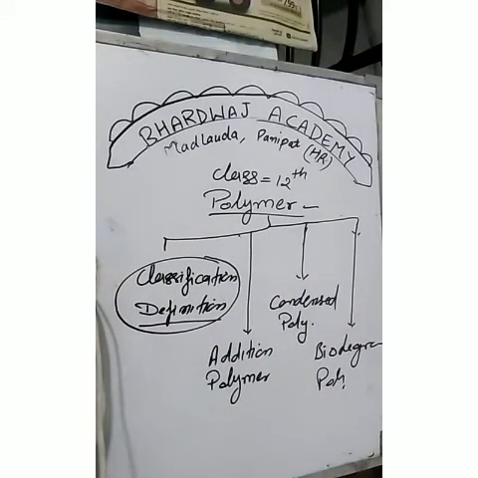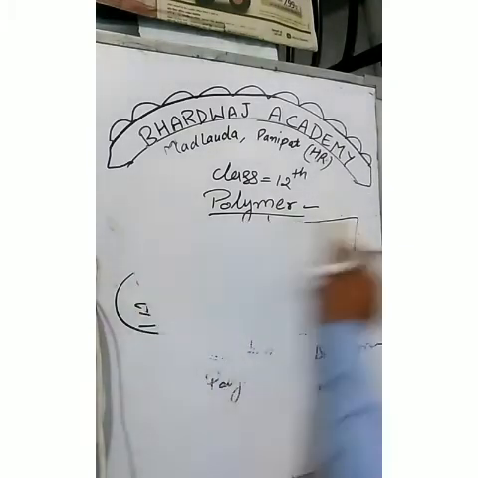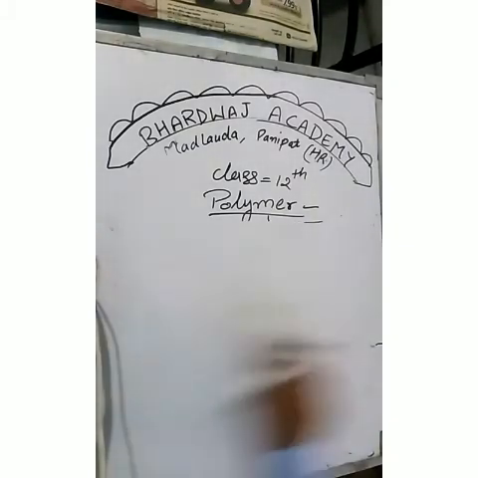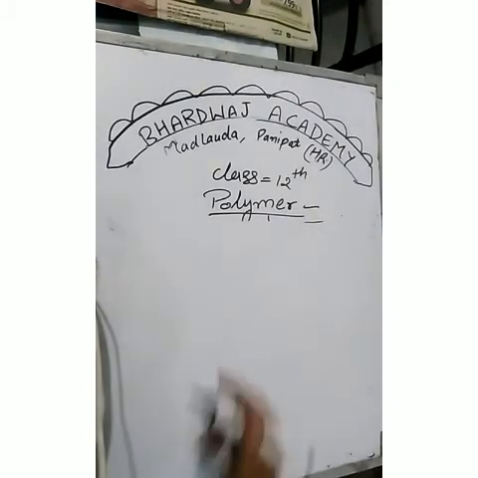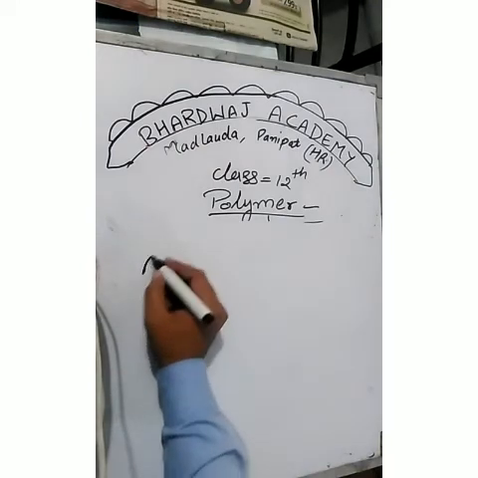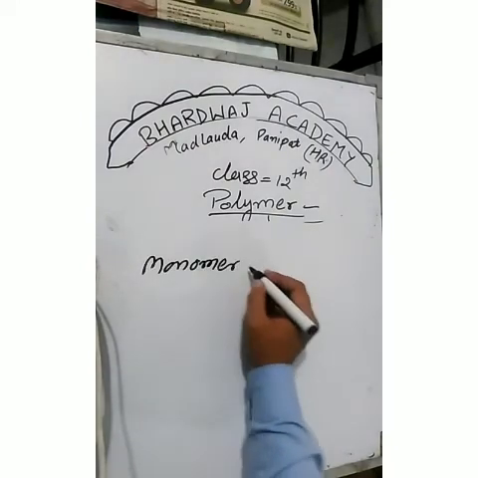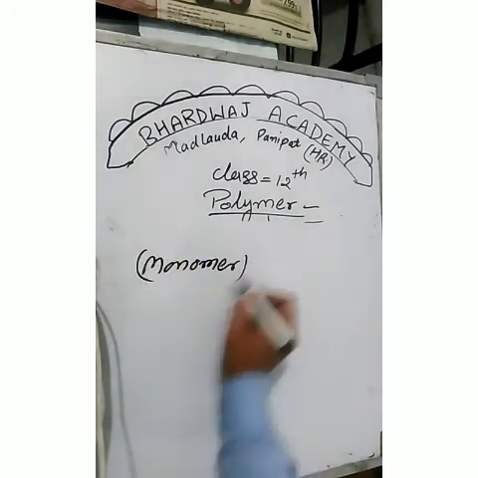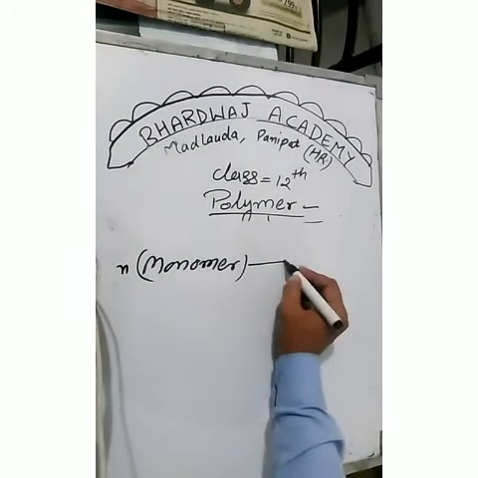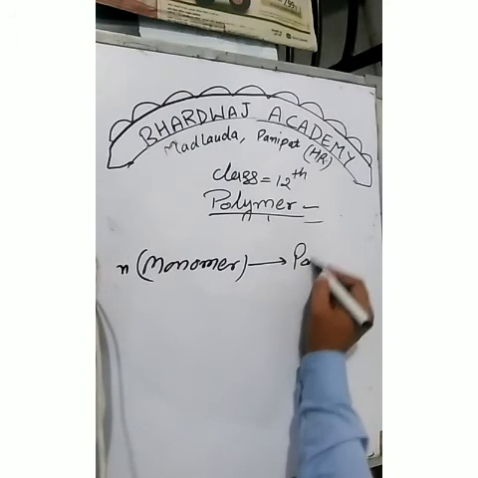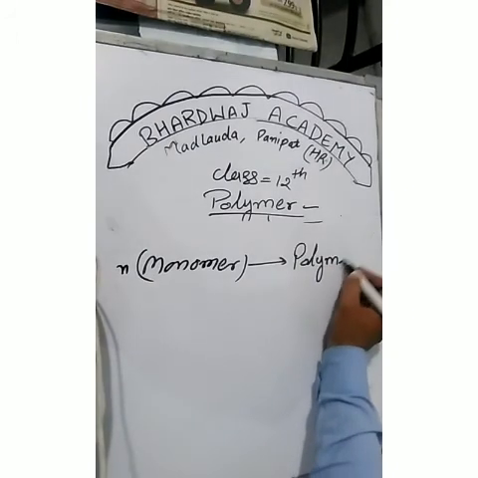The polymers are macromolecules that are made by many small units. These many small units are called monomers. If n number of monomer units are combined together, they form a polymer.